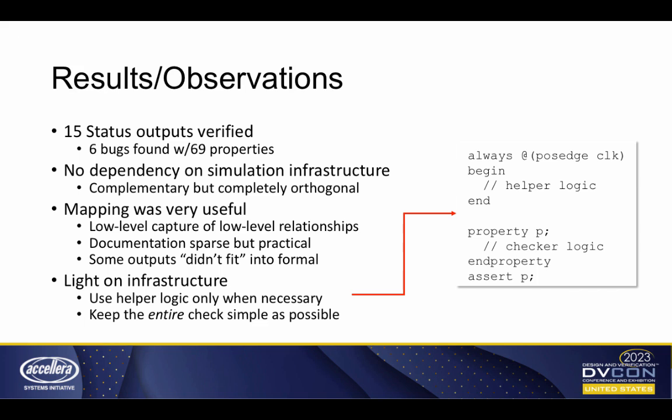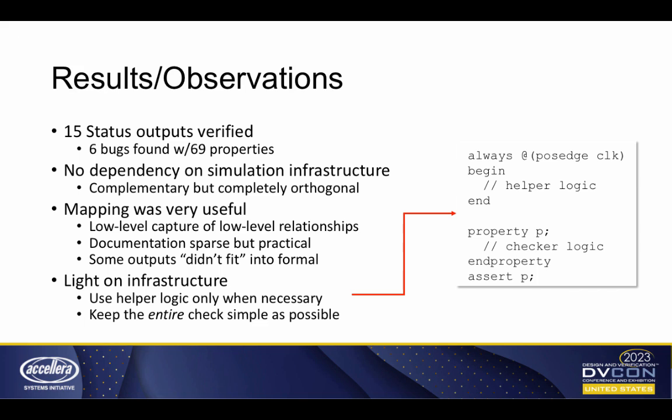One thing that I did recognize was simple was good. Simple was better. I know that I've heard the recommendation of keeping properties simple. I've heard the recommendation of using helper logic, logic outside the property, to keep properties simple.